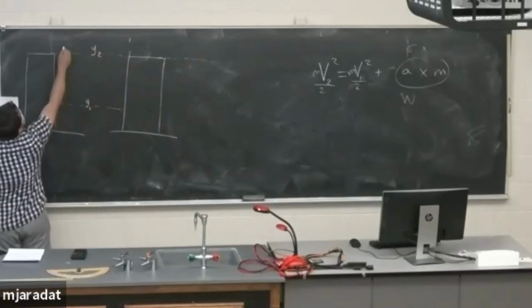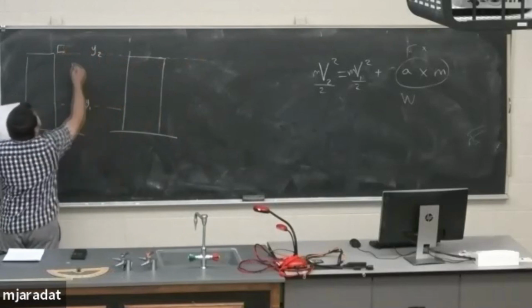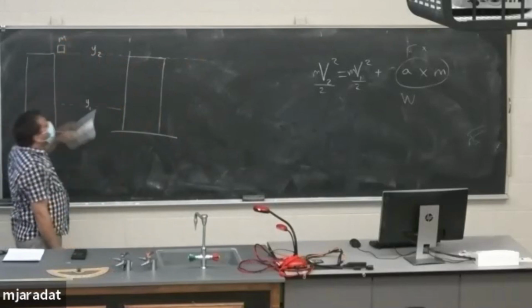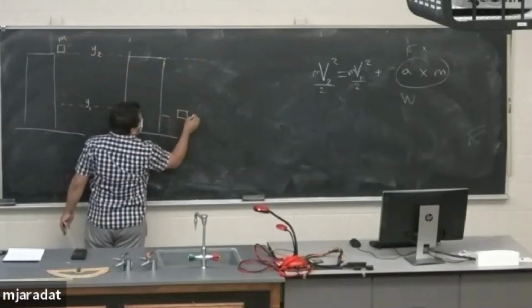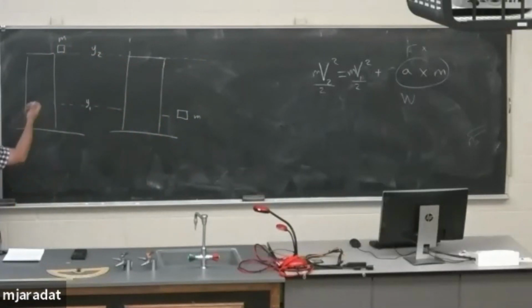We have a mass at y2. In the second experiment, we have this mass at y1. As we know, we have the gravity downward. We assume the positive direction upward.